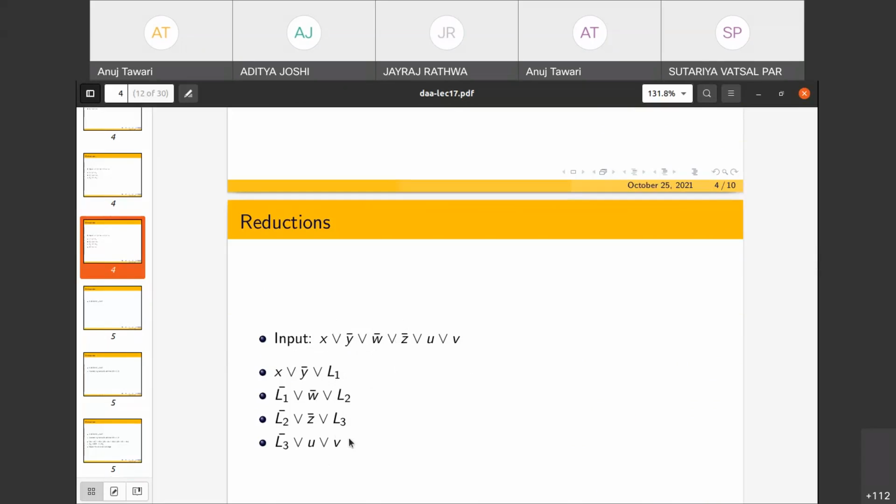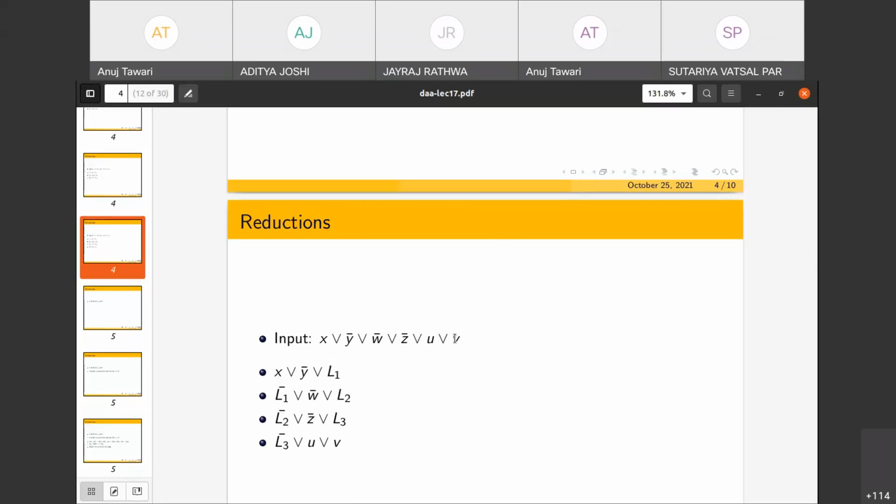So one natural question here is, why do we reduce it to 3 SAT? Why not 2 SAT or 1 SAT? Those problems are in fact very easy to solve, and the SAT problem is what we consider very hard. So 2 SAT is in fact a very easy problem, and we will see why it is easy.